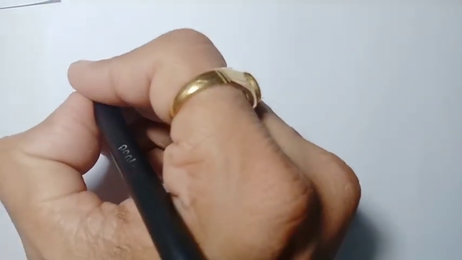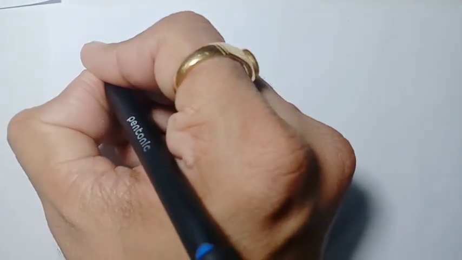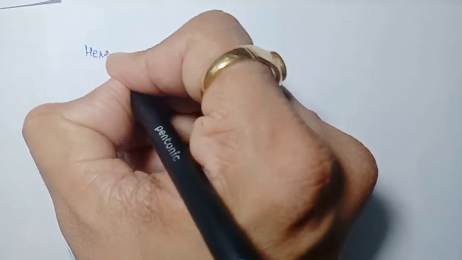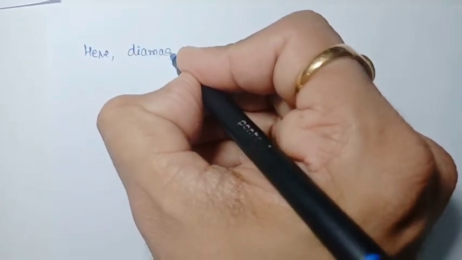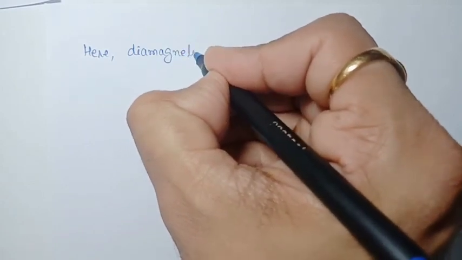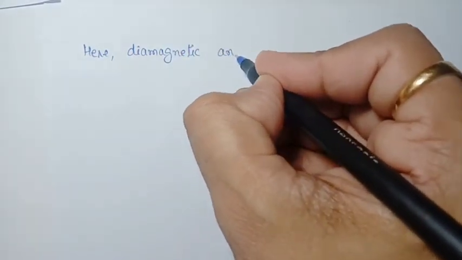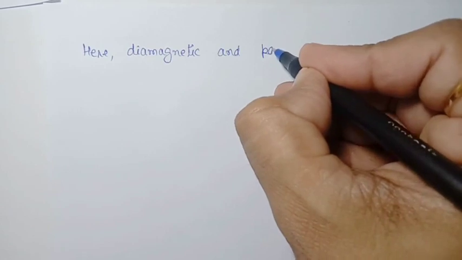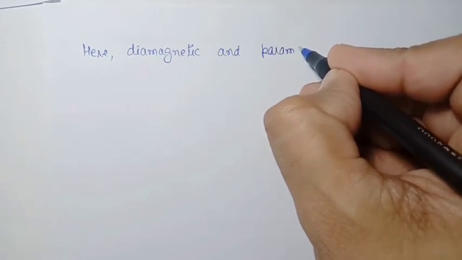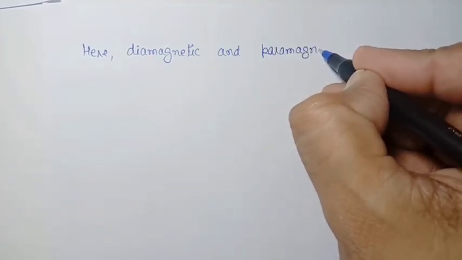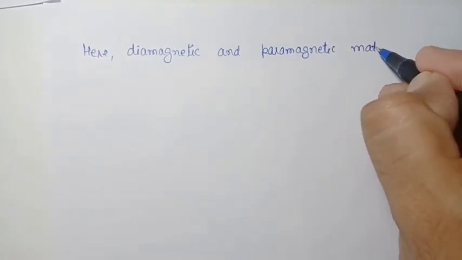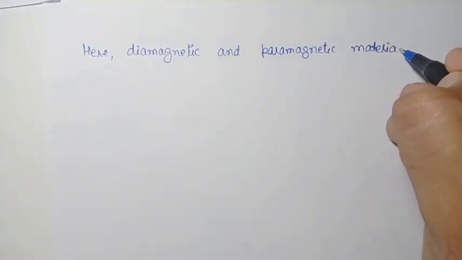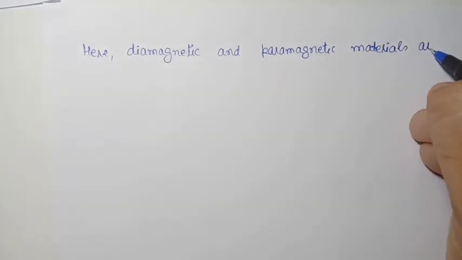So finally, diamagnetic and paramagnetic materials are linear media.